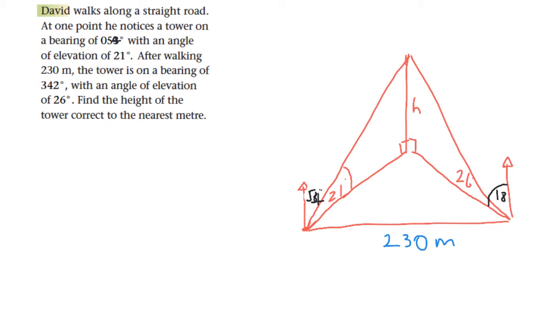I've got another triangle, the first triangle we looked at. Then I've got a third triangle here. And as I said previously, we've got to combine those and solve simultaneously somewhere along the way.